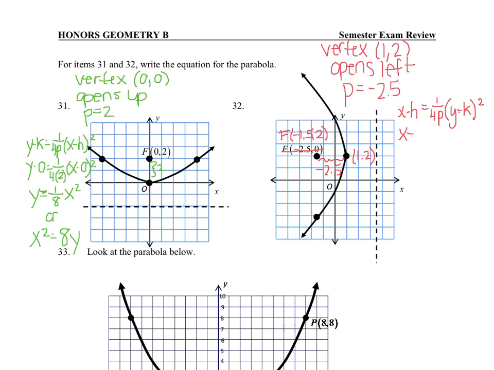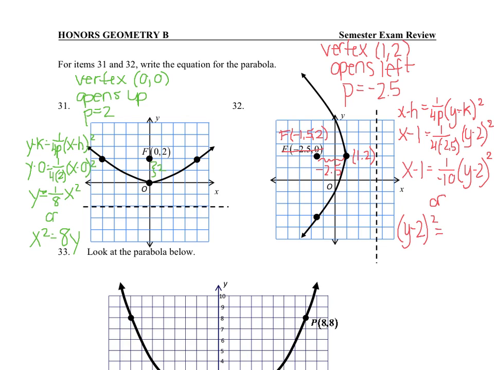So x minus h, that's going to be 1, equals 1 over 4 times p, which is negative 2.5, times y minus k, so y minus 2 squared. x minus 1 equals 1 over 4 times negative 2.5, which is negative 10, y minus 2 squared. But if you like to write it the other way, you're going to multiply both sides by negative 10, and you're going to have y minus 2 squared equals negative 10 times x minus 1.